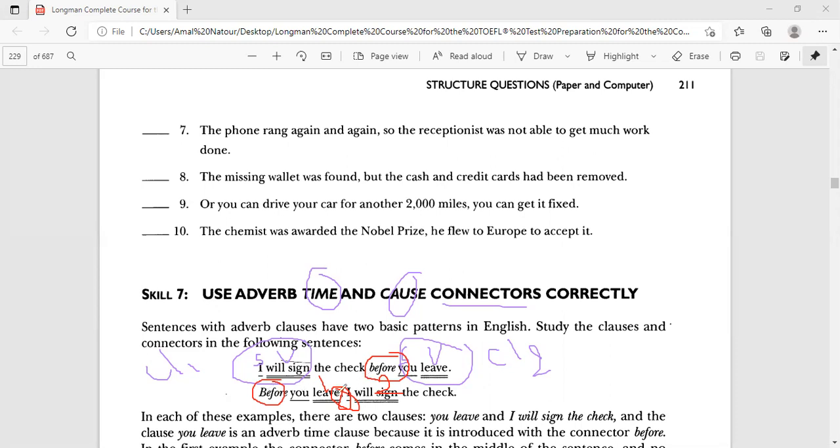In the second example, the connector before comes at the beginning of the sentence. In this pattern, when the connector comes at the beginning of the sentence, a comma is required after the first clause.